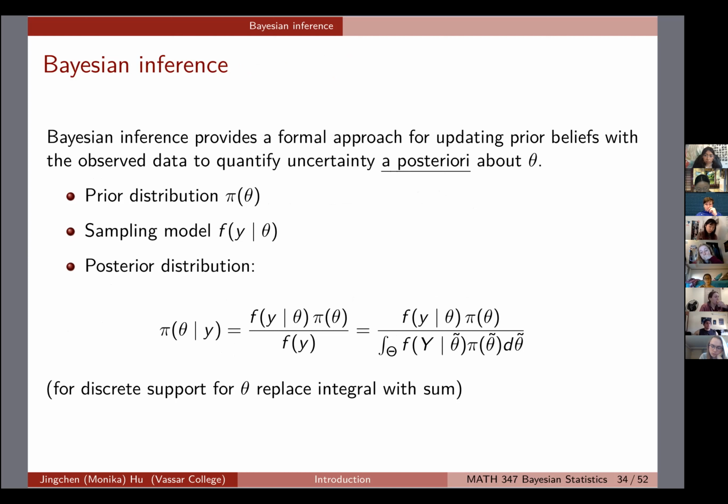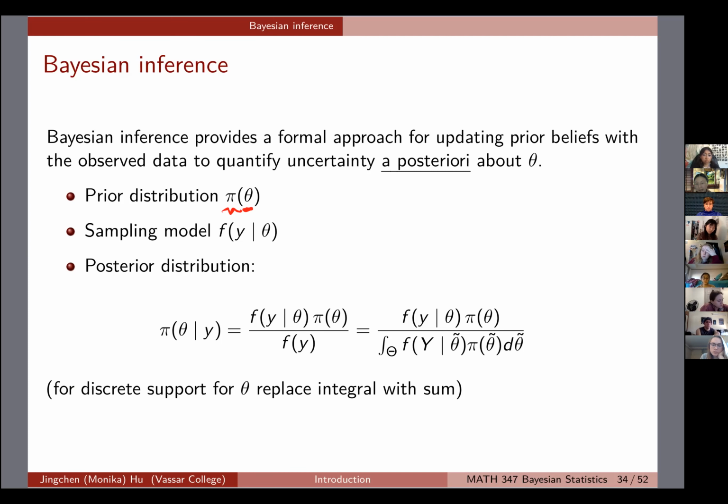Okay. So lastly, just to show you more mathematically what people usually do for Bayesian inference, we are providing a formal approach for updating the prior with observed data to quantify a posteriori about theta. In this course, I try to be consistent in using pi, little pi, to represent the prior distribution for any parameter.